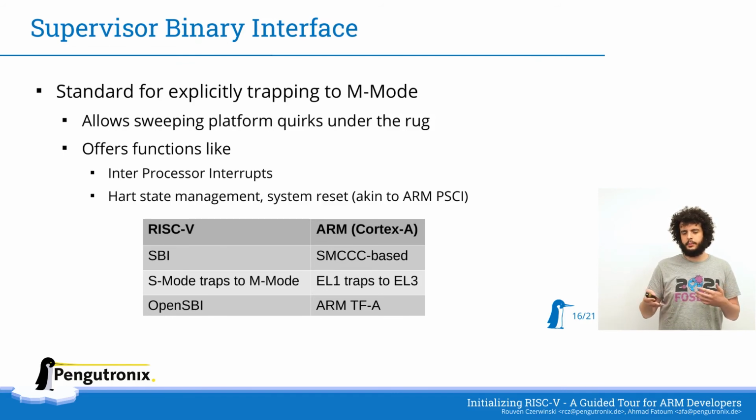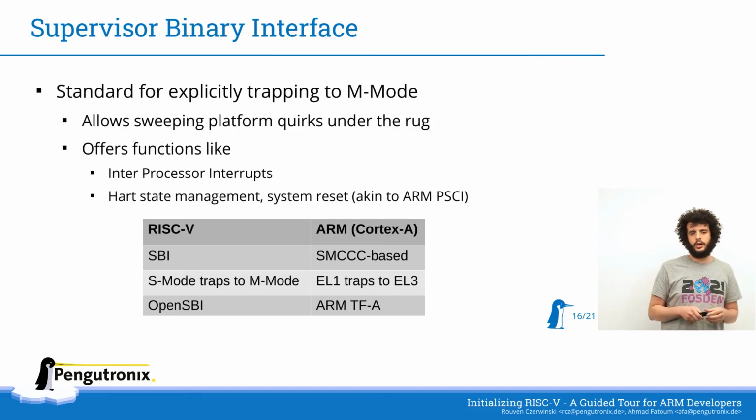This sounds like PSCI, and indeed it has some overlap. In general, you could say SBI is for RISC-V what the secure monitor calling convention is for ARM, and you have S mode trapping to M mode, which would be exception level 1 trapping to exception level 3 on ARM. And the reference implementation for RISC-V is OpenSBI, and for ARM, it's the ARM Trusted Firmware-A.